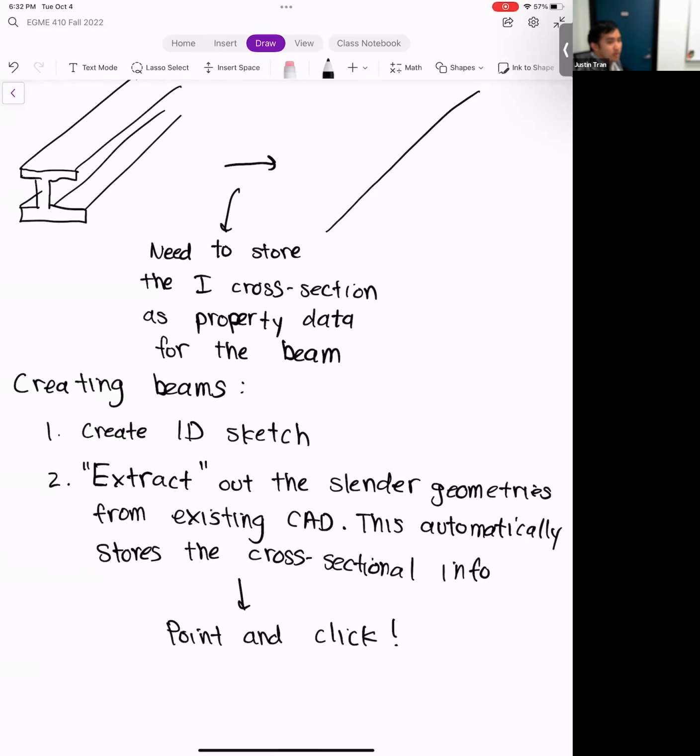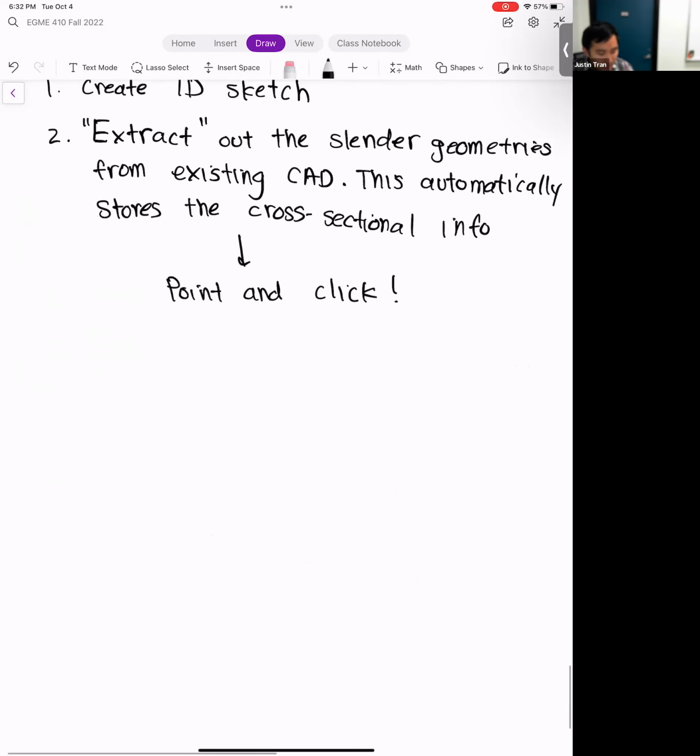All right, any questions on this? Okay. The last thing I want to talk about before we end today is accuracy and convergence for shells and beams.